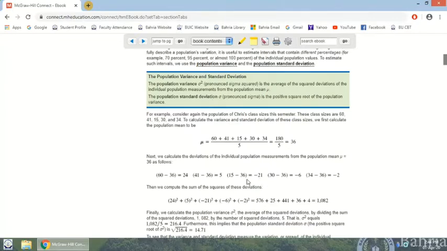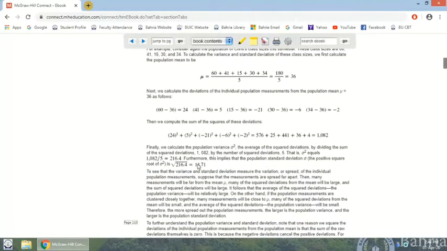I just treat it as 21 because the negative is removed as we square the value, and this is about 441. And then 2 squared would give you 4. Then you just add them up and you divide by what we have now, the sum 1082, and by the number of square deviations, which is 5.